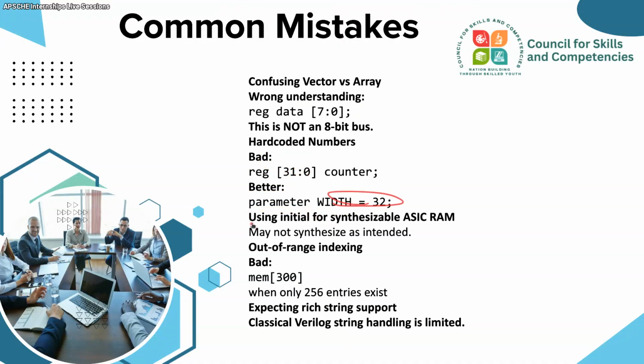Using initial for synthesizable ASIC RAM may not synthesize as intended. Out of range indexing is bad, like mem 300 when only 256 entries exist. Also, expecting rich string support is a mistake, since classical Verilog string handling is limited.